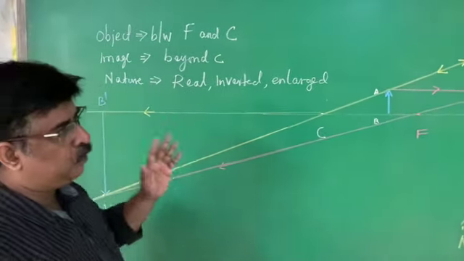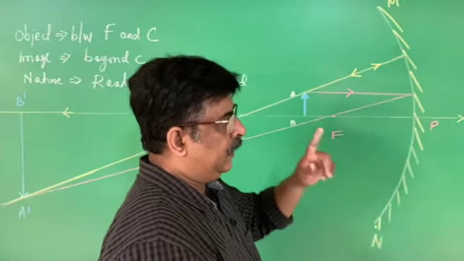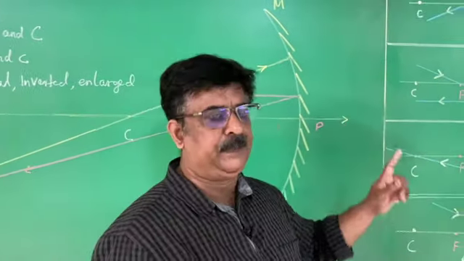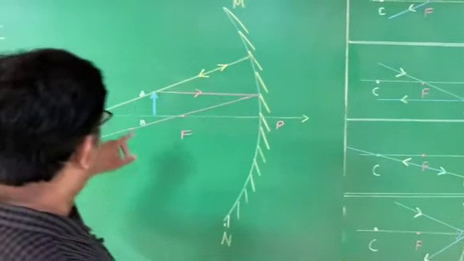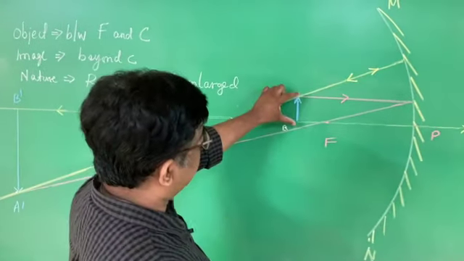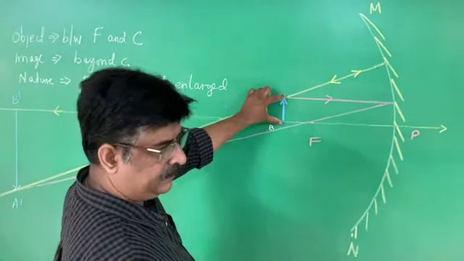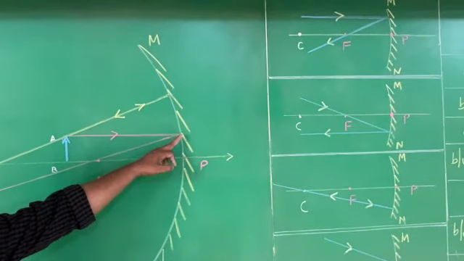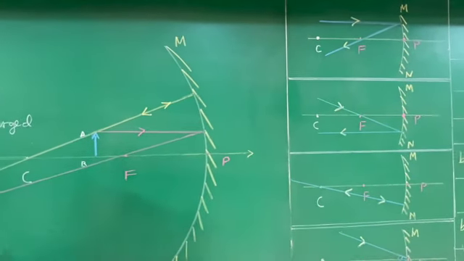I repeat once again. We are in the fourth ray diagram where the object is placed between F and C. This is the C and this is the F. We have selected two conditions. One condition is the ray of light parallel to the principal axis, after the reflection passes through the principal focus.